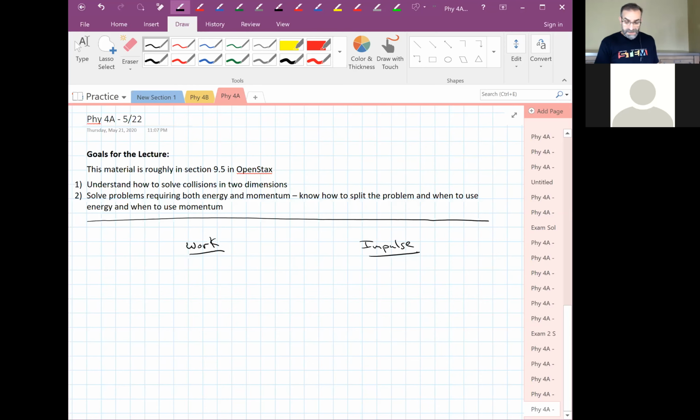Work and impulse. What is work? In the general case, work is the integral of F dot dx, right? It's the area under the curve when we plot force versus distance.